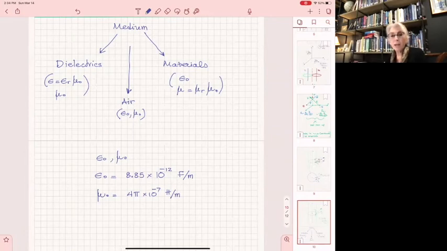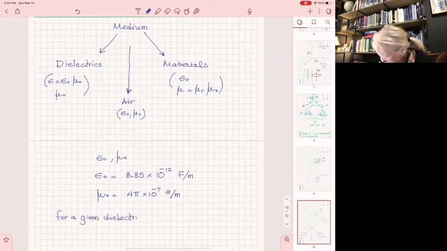Now, if I have another material, then I have to give you epsilon sub r. Therefore, for a given dielectric, epsilon sub r is given.